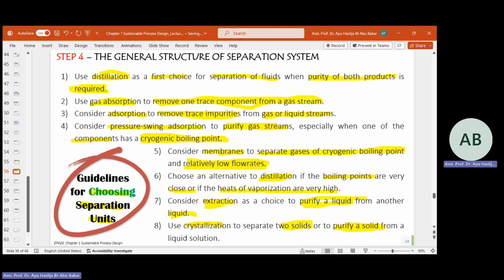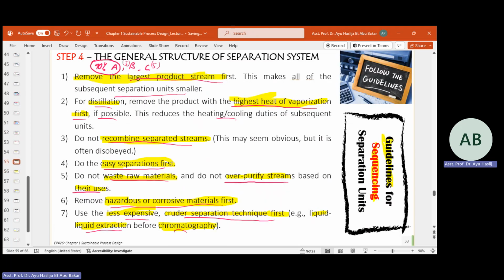Again, the guideline for choosing separation units. The previous one was the guideline for sequencing separation units, where you arrange which to be separated first.